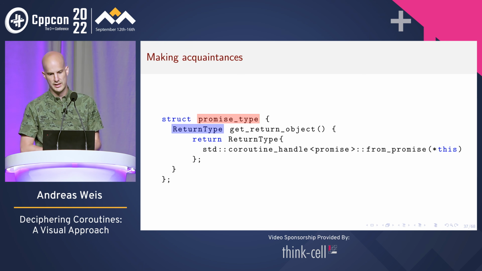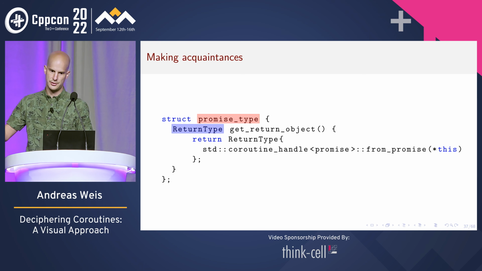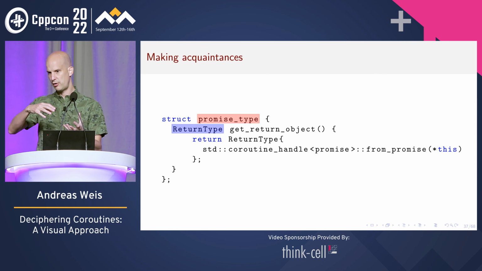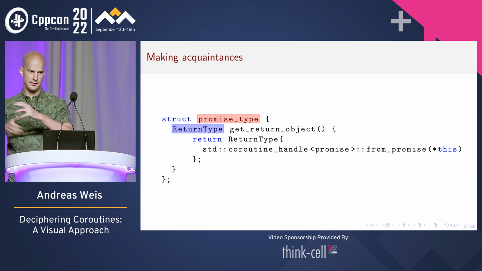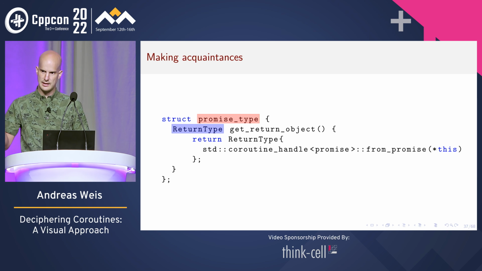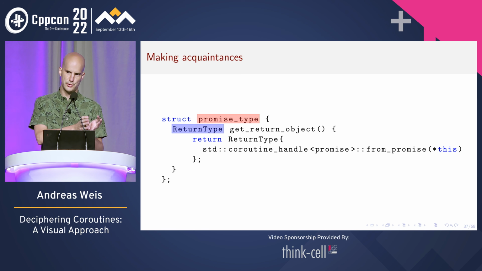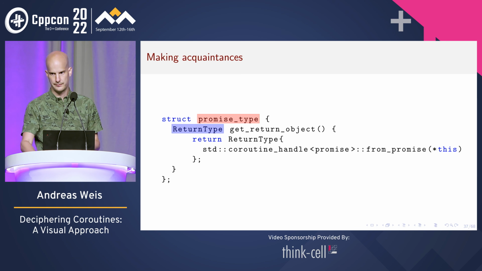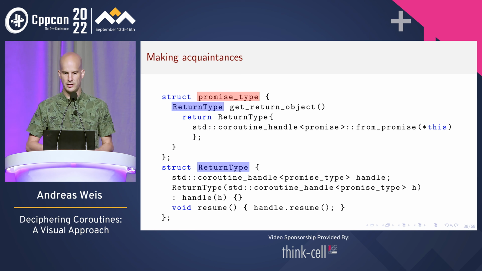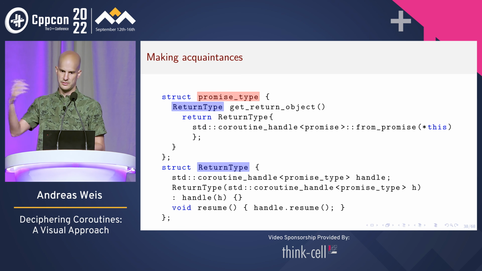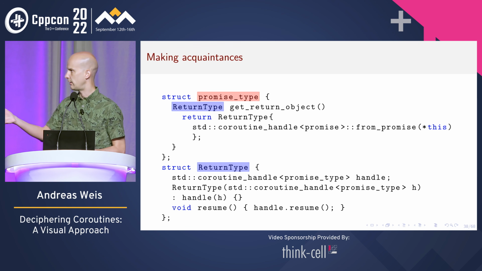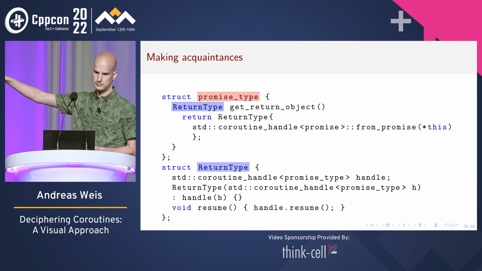So what I can just do is inside the getReturnObject function, I just create the coroutine handle from the promise, because remember, those two, the handle and the promise, are basically interchangeable. And then just pass that handle that I created as a constructor argument to the return type. And now the return type will just take this argument in its constructor and store that in a member variable, as we can see at the bottom.